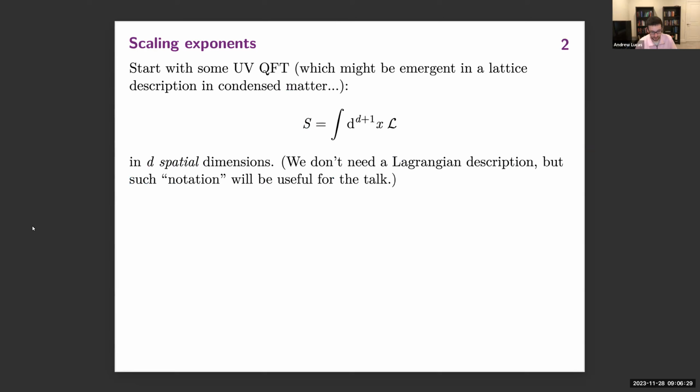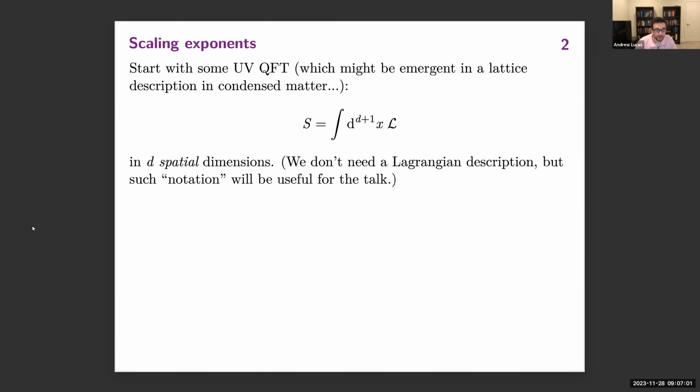We're not necessarily describing the lattice scale physics, but let's suppose that there's some emergent field theoretic description of the system in d spatial dimensions. So the d here just refers to space and not time. At various points in this talk, I'll use this notation that pretends we have a Lagrangian for this theory. That's not really necessary, but as a mnemonic, if nothing else, it can be useful.